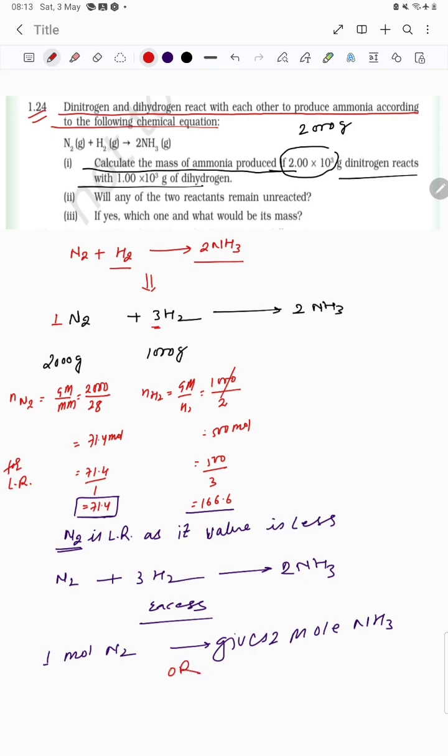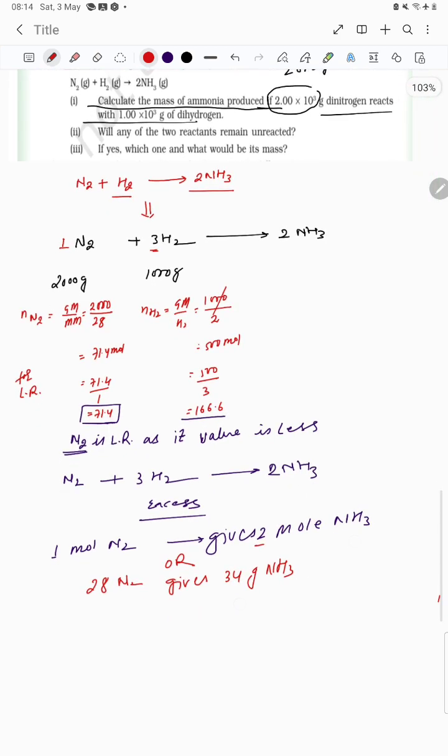You can write it in gram also. 1 mole N2 means 28 gram. 28 gram N2 gives 2 mole, and mole into molar mass is gram, so that is 34 gram NH3. So 1 gram N2 gives 34 by 28 gram NH3, right?